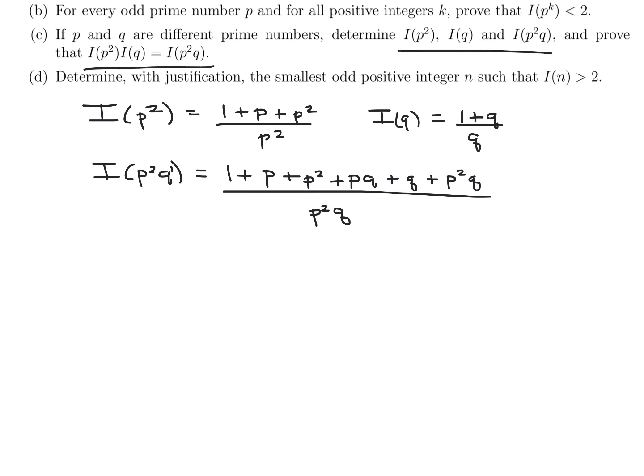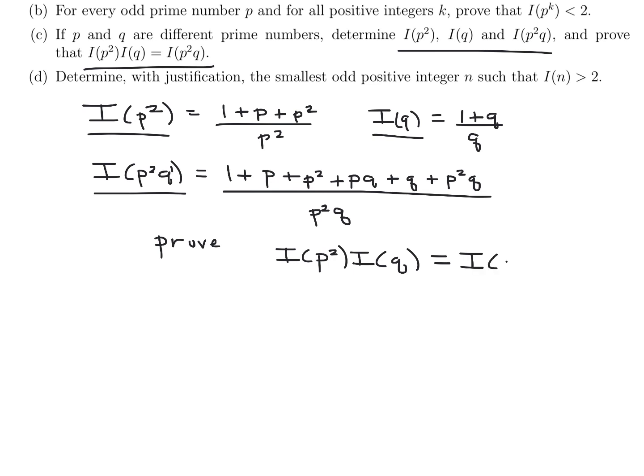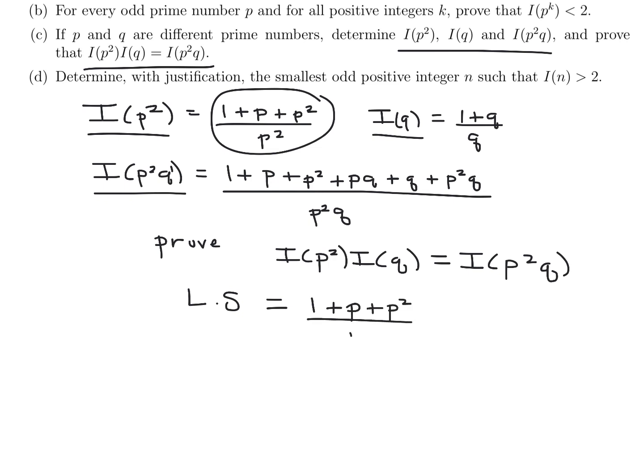Now we have to prove this part, which is if you multiply this by this, you get this. Okay, so prove that I of p squared times I of q is equal to I of p squared q, right? Okay, so let's do the left side equals right side. Left side, I've already figured these out, so I'll just sub them in. 1 plus p plus p squared over p squared, and then this guy, 1 plus q over q.